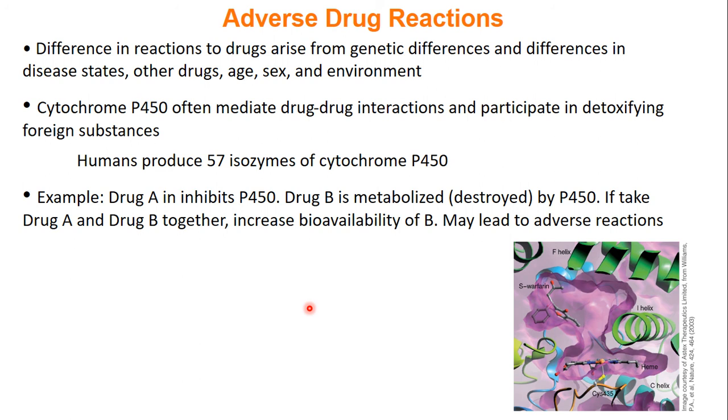Well, if you take drug A and drug B at the same time, then you're increasing the bioavailability of B. That is, more B is being delivered than we saw in the clinical trials. And this can lead to any number of adverse reactions. So that's just a further complication of drug development with P450.